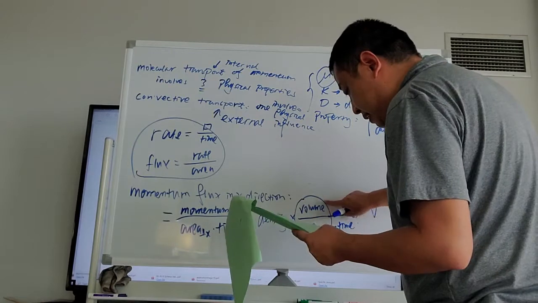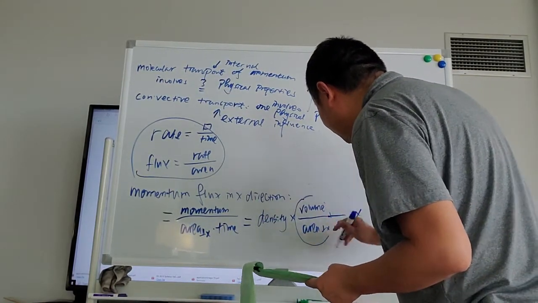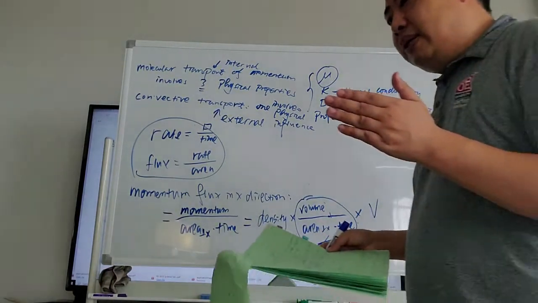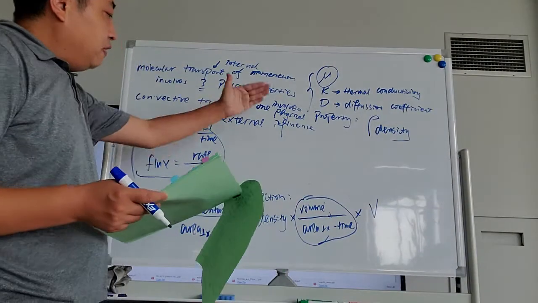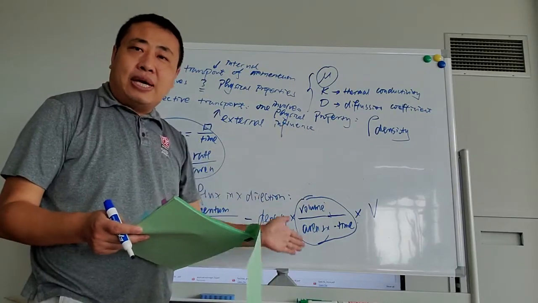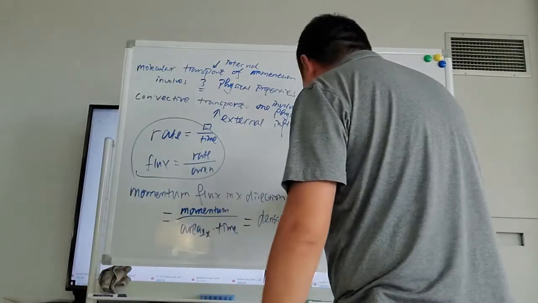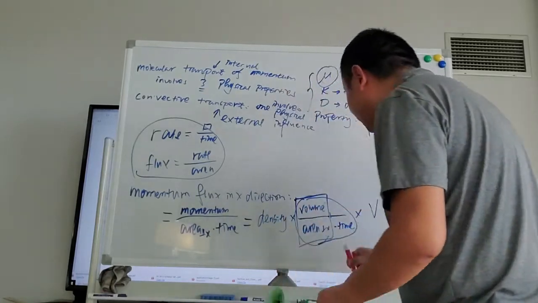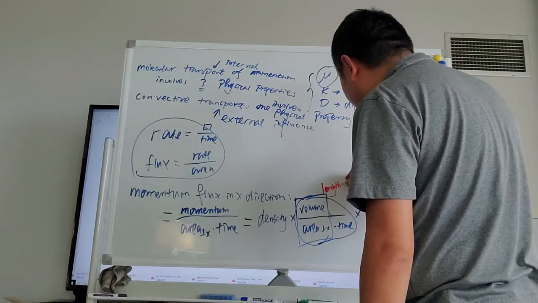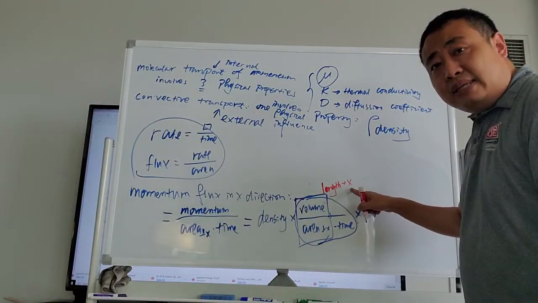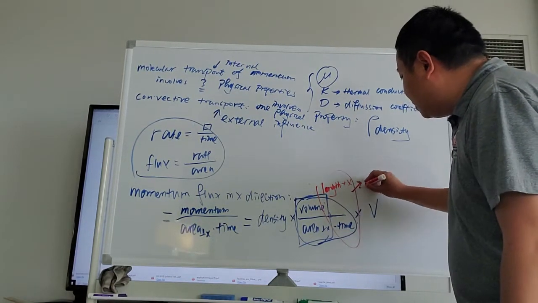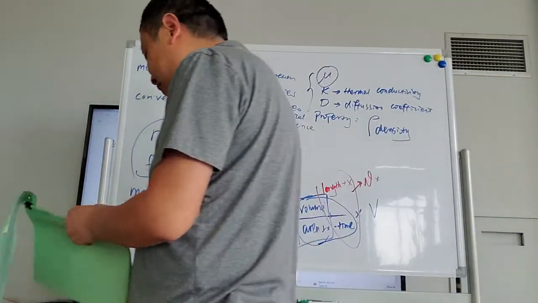So what does this part give you? The volume divided by the area perpendicular to x actually gives you the length in x direction. And the length in x direction divided by time gives you the velocity in x direction.